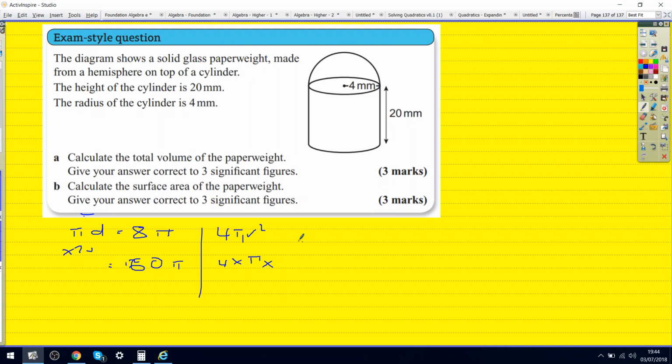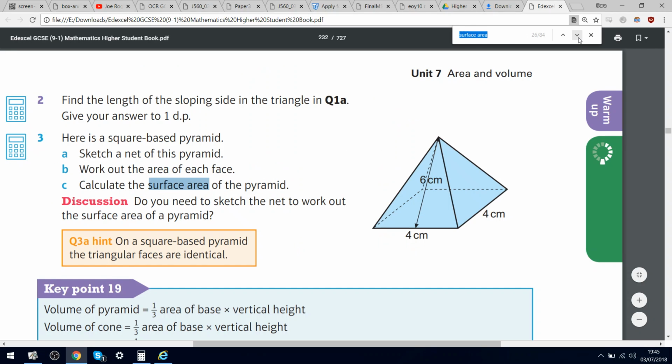Okay, surface area for a pyramid. Calculate the surface area of this one. Any idea how you do this one?